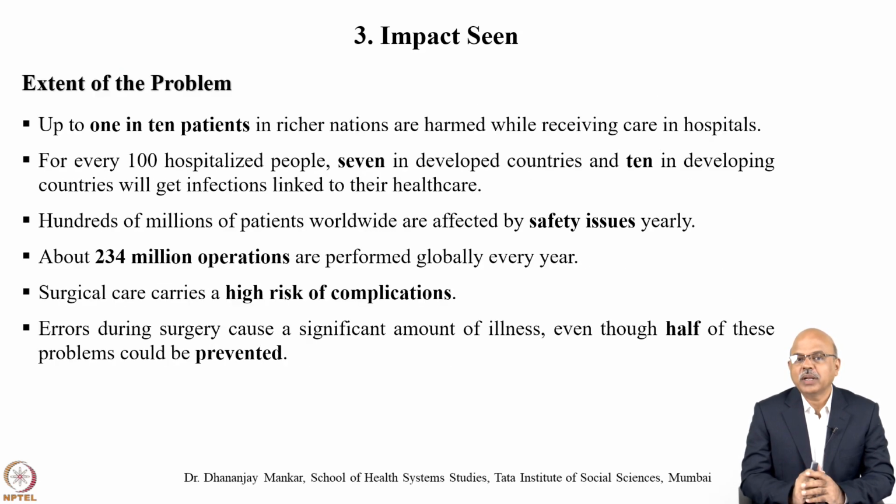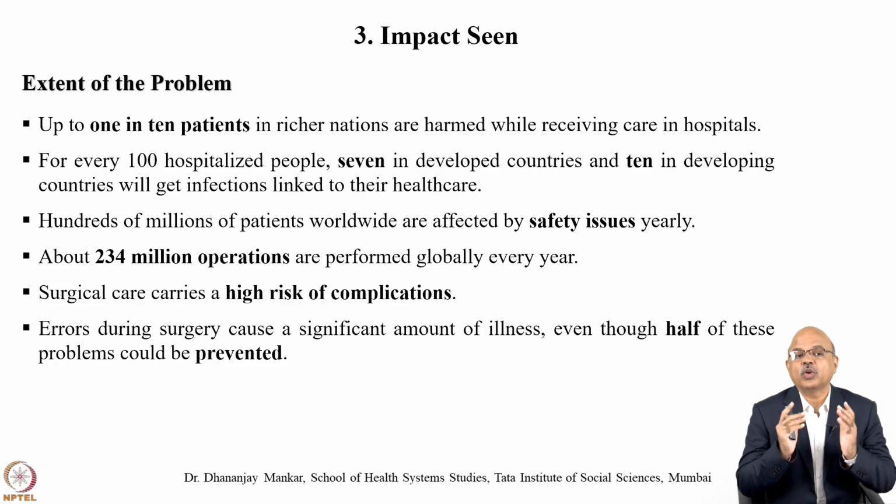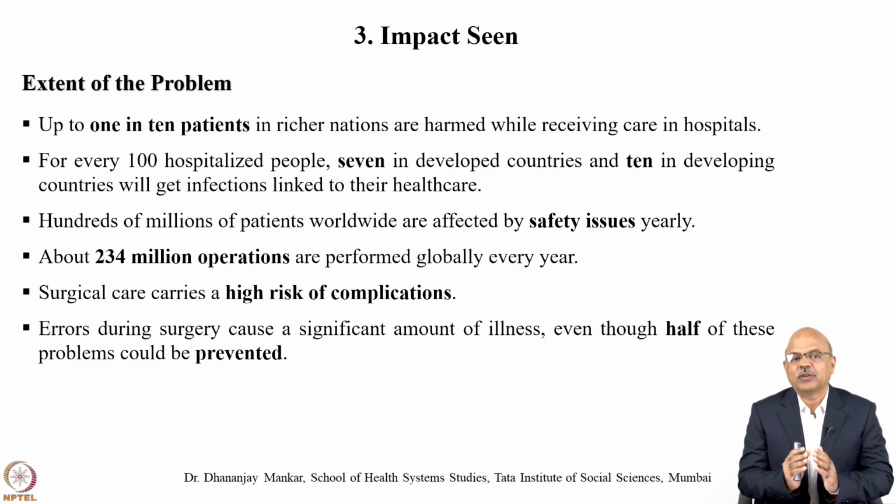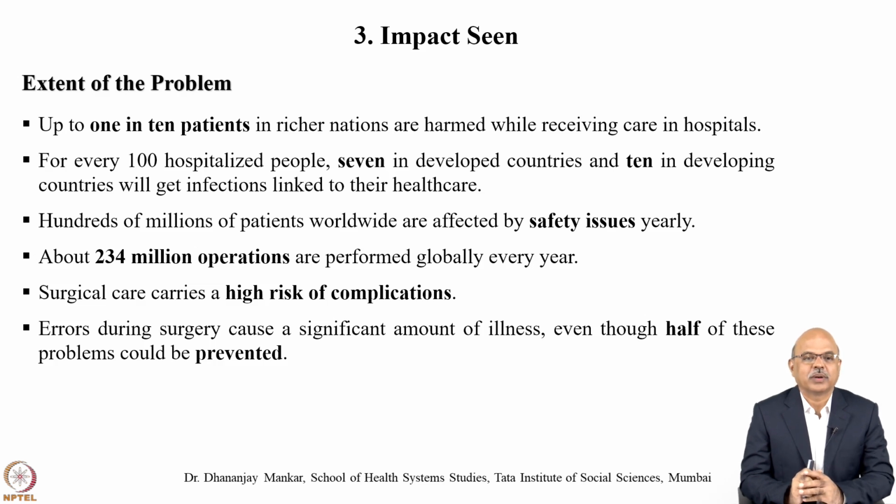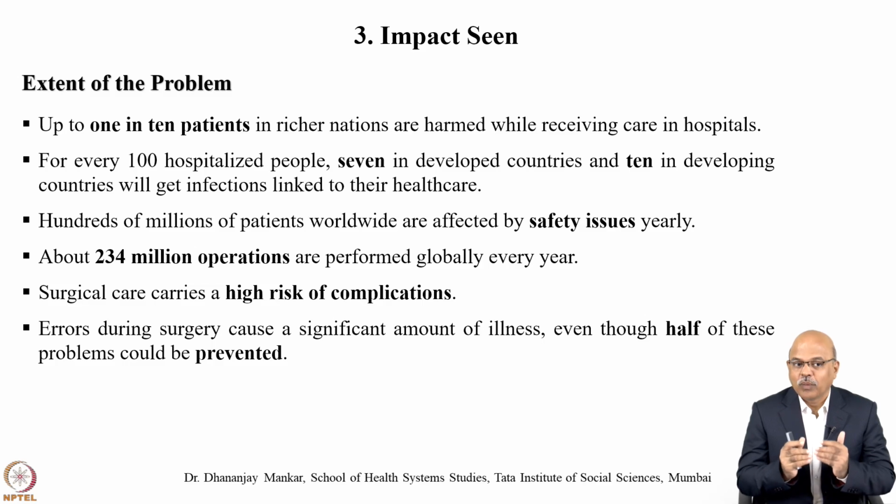Now, when the hospital is taking patient safety measures, what is the impact that needs to be seen? Extent of the problem. Up to 1 in 10 patients in richer nations are harmed while receiving care in hospitals. These are the privileged countries, where 1 in 10 patients faces this issue.